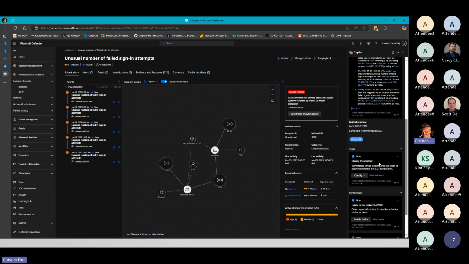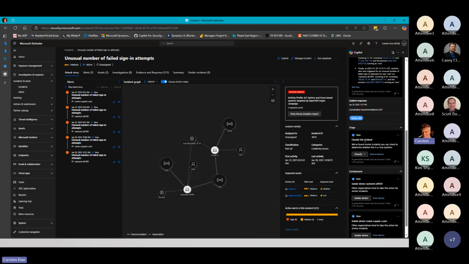And it can also work into classifying it, so triage. And also you see here, Copilot says, hey, it might be worth isolating this device, and it surfaces the ability to isolate the device from its recommendations that it pulls together. And then, as you saw, the only thing I did was to open the incident. I didn't do more with it.